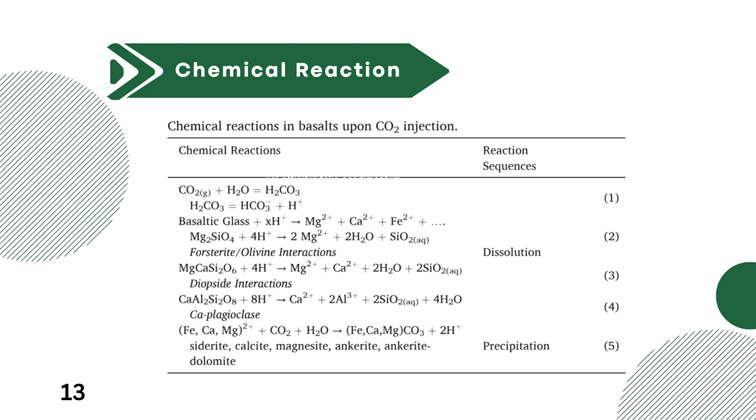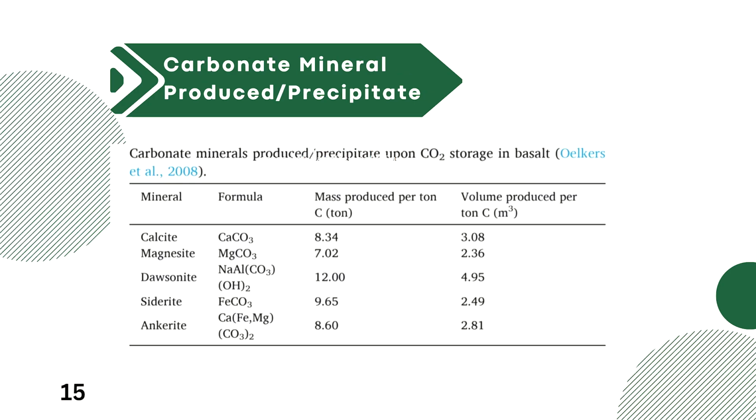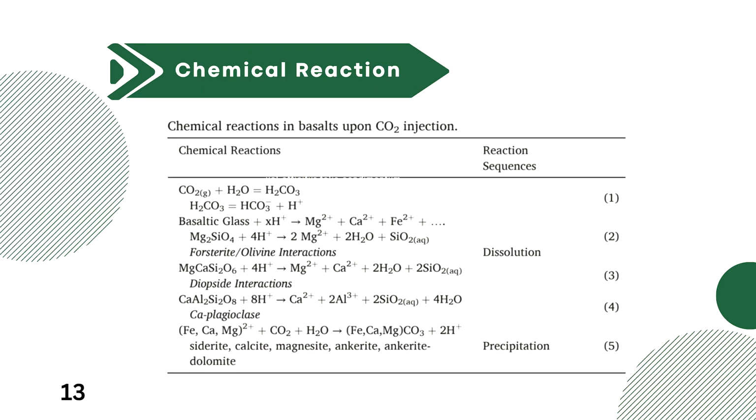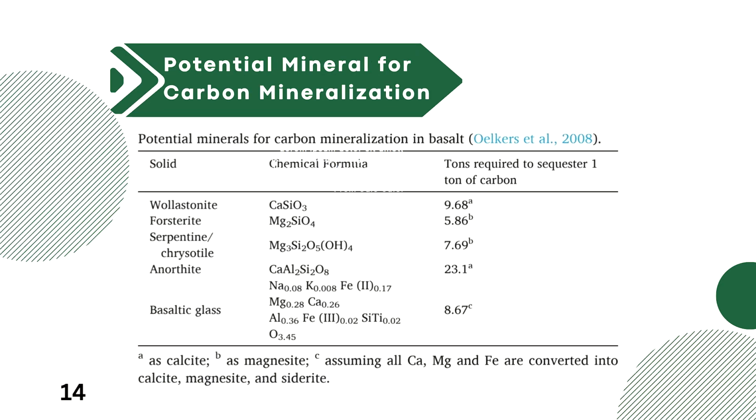The chemical reactions that occur involve basaltic glass, olivine, and plagioclase. These chemical reactions refer to the two main reaction sequences in CO2 injection into basalt formation, which are dissolution and precipitation.